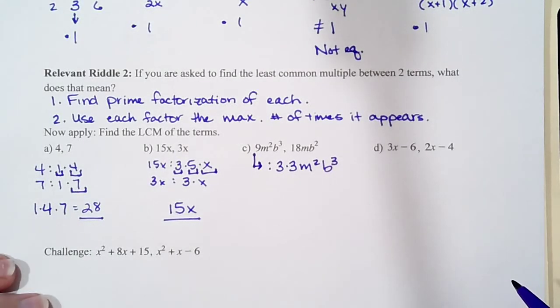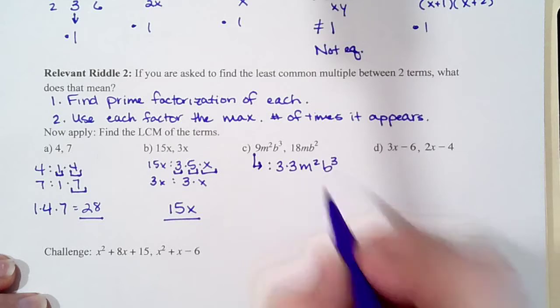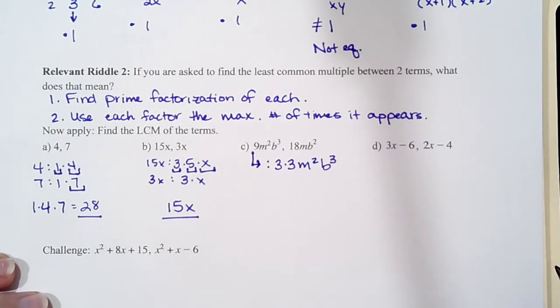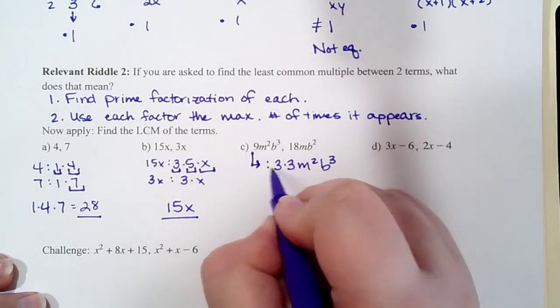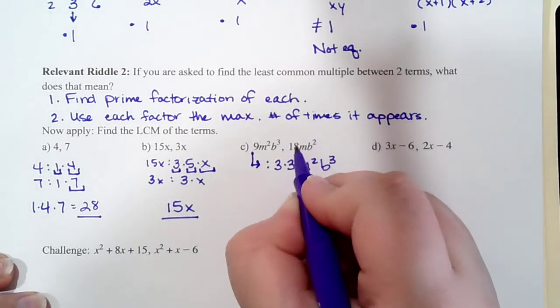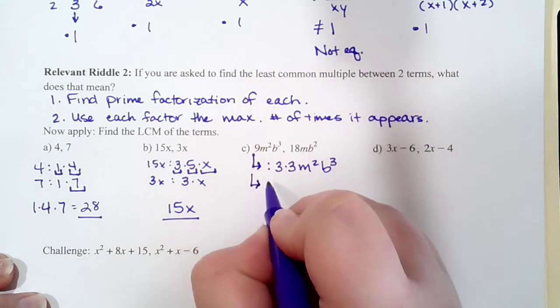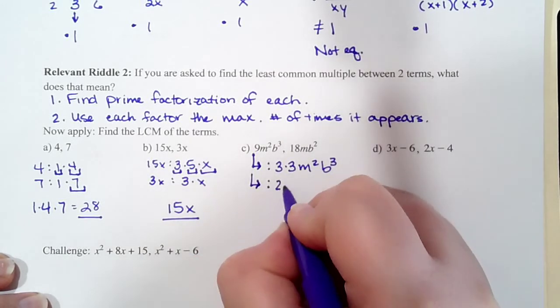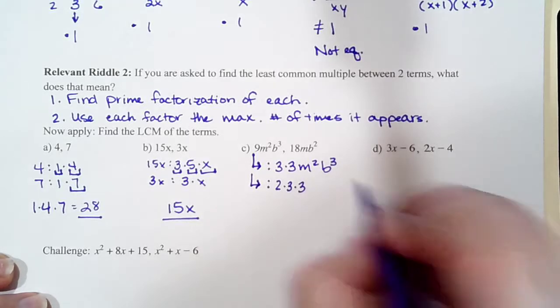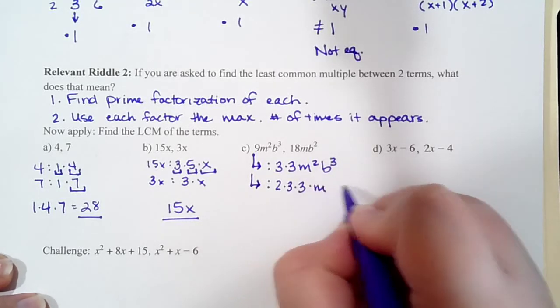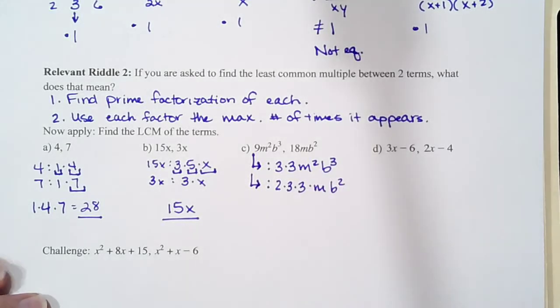I know I said prime factorization, but I don't like listing out those letters, and I'm going to be able to tell where the max number of them occur based on their exponents. So I'm not even going to worry about listing those out. 18mb is going to come down here in the second slot, and that's going to be 2 times 3 times 3 times m times b squared.